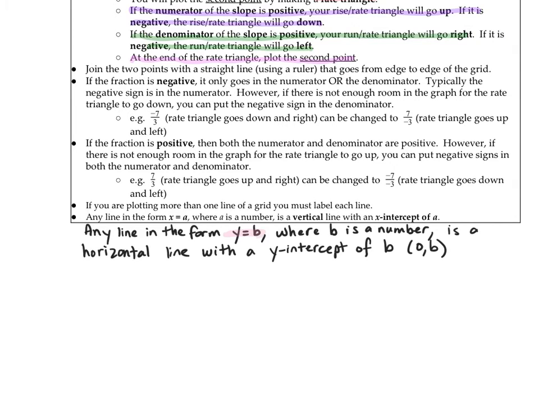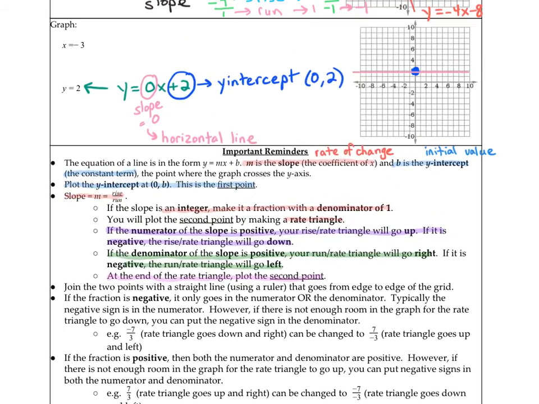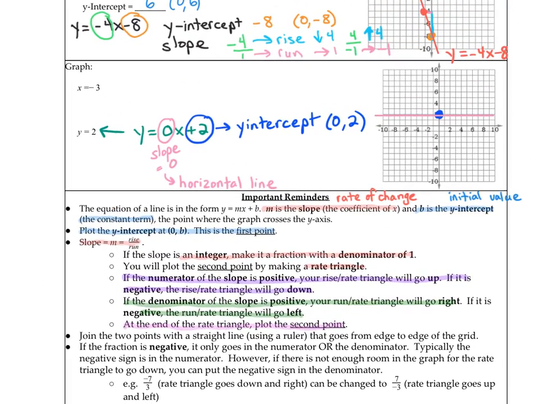So if it looks like y equals a number, it's a horizontal line, and the y-intercept is at 0, b. So if you look at your equation, if it's just y equals a number, then it is a horizontal line.